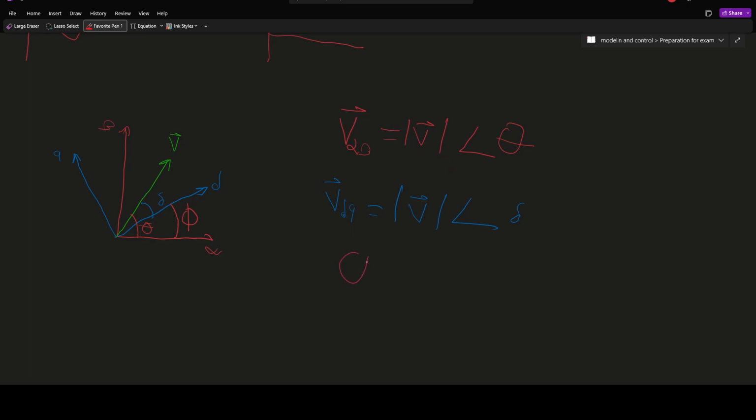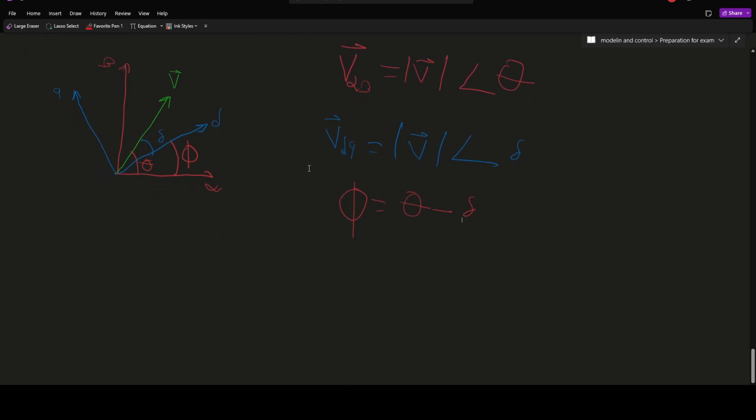So phi is going to be equal to this angle theta, the big one, that is in the alpha beta reference frame, minus the small angle psi that is in the dq reference frame. So this is the angle phi, the angle between both of them.